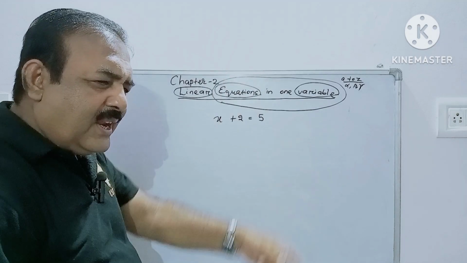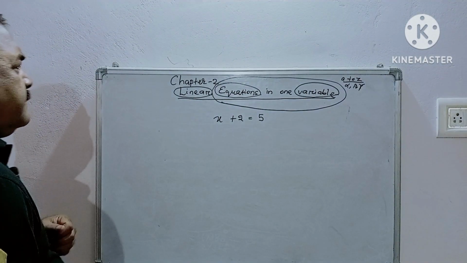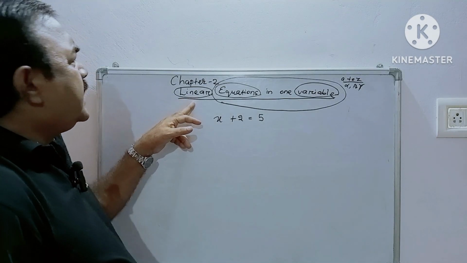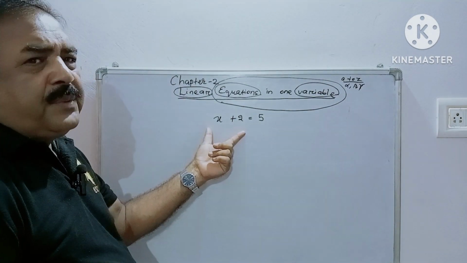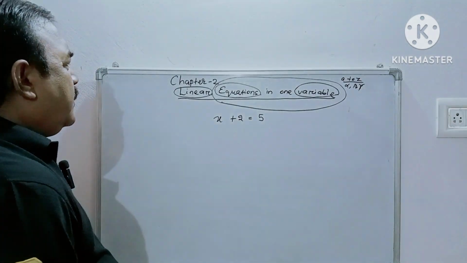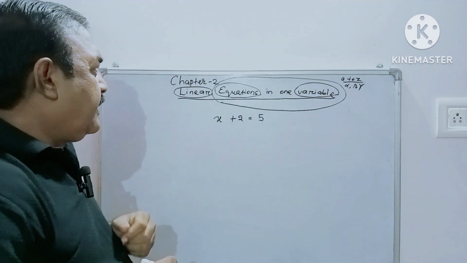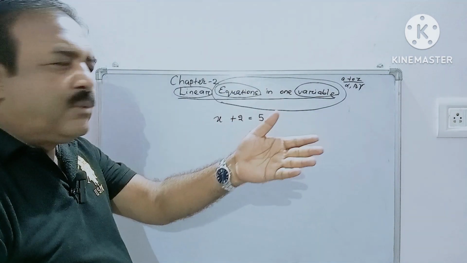So why is it called a linear equation? My question is this. You see, from line it has been linear. Such type of equations represents a straight line. Okay? So in the higher classes you will read it. Just to some extent I want to make you understand.